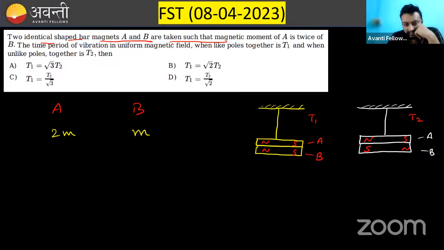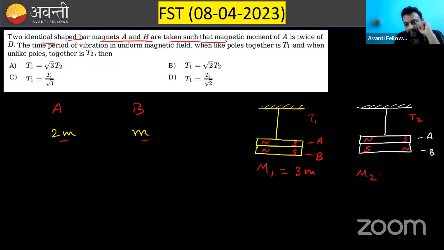Now you can clearly see that these two bar magnets have magnetic moments 2m and m. So in the first case, the net magnetic moment M1 will be, both are in same direction, that means they will be added, that is 3m. In the second case, both are in opposite direction.